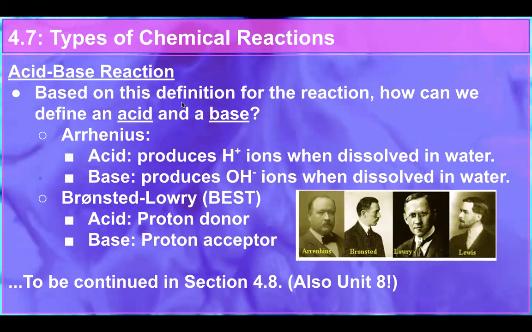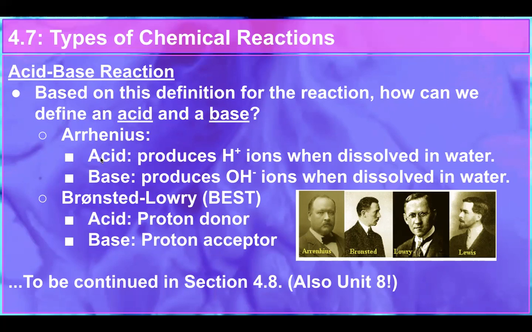So how are we going to define an acid and a base? That is pretty important here. An acid is going to be our substance that produces and releases H+ ions when they are dissolved in water. And a base is going to be something that produces hydroxide ions when dissolved in water.